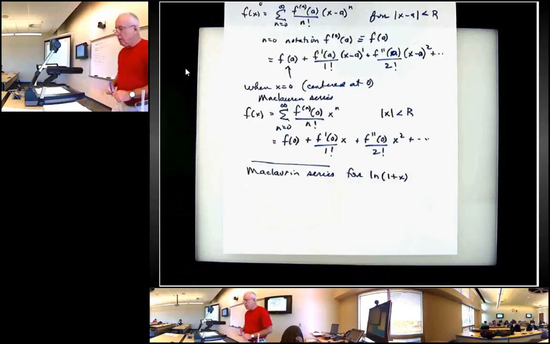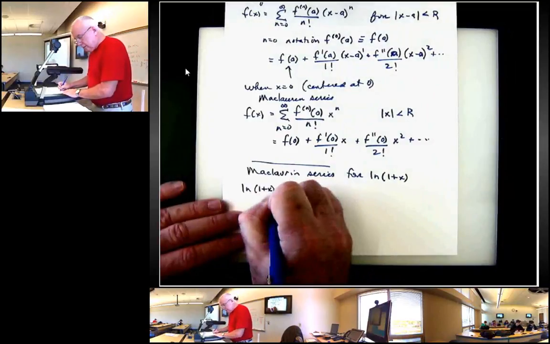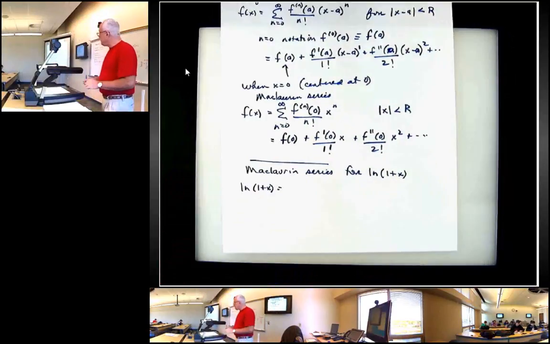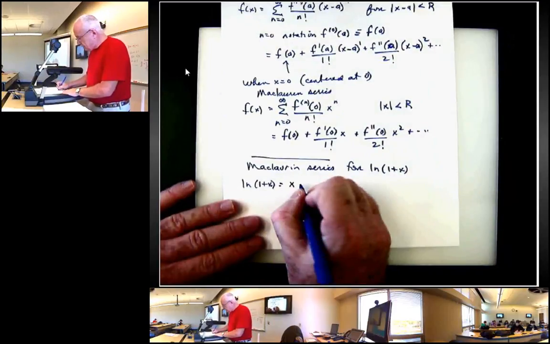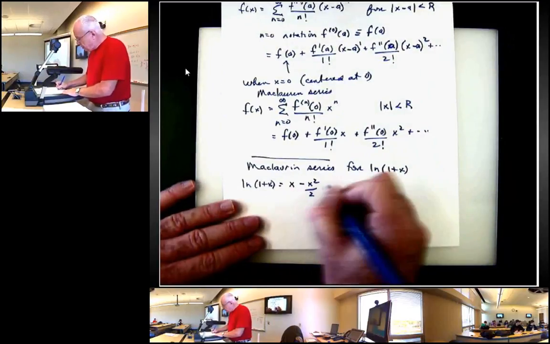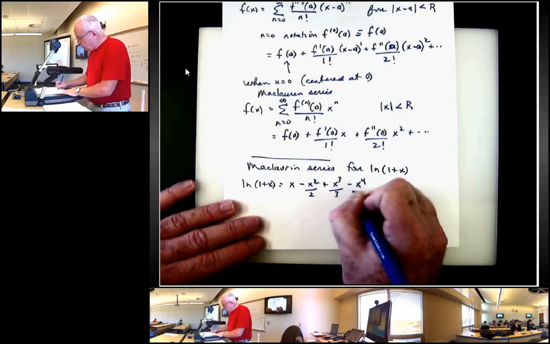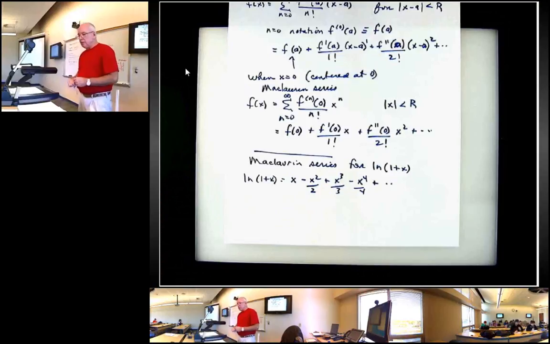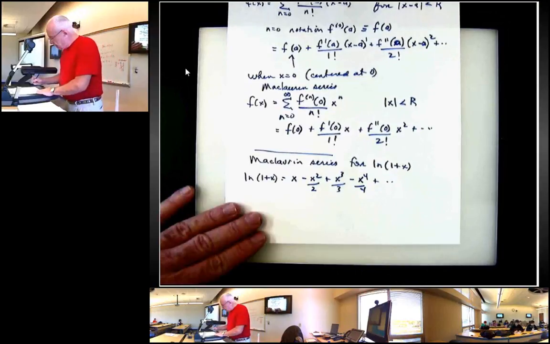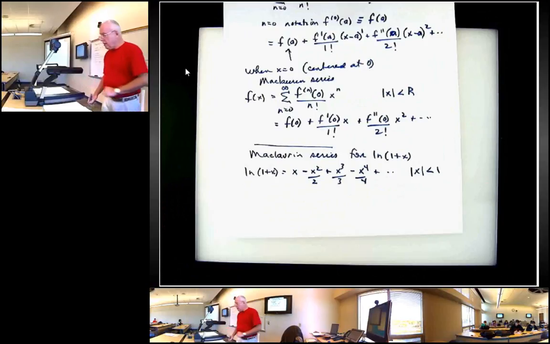Let's write out the first few terms of it: x minus x squared over 2 plus x to the third over 3 minus x to the fourth over 4, etc. So you see it switches signs every term. And this is for the absolute value of x less than 1.